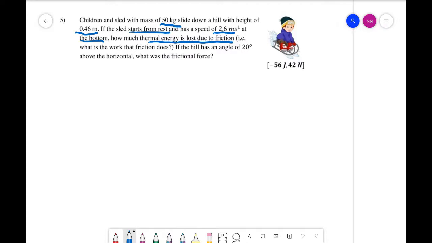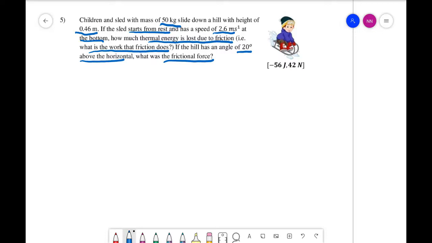What is the work that friction does? And if the hill has an angle of 20 degree above the horizontal, what was the frictional force?